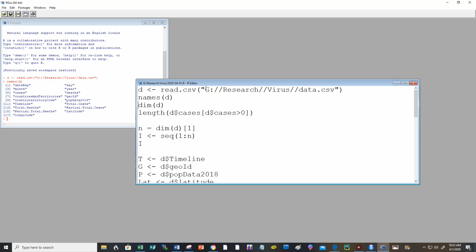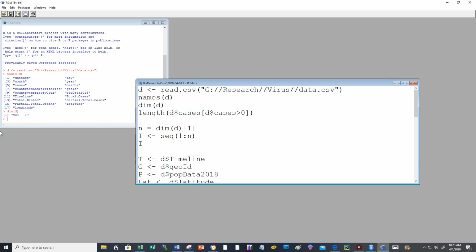So we're going to be able to do a little bit more analysis. But notice I still have the cases, the timeline, the total deaths, and so forth and so on. And so the dimensions of the data just tell me that there's 7,904 rows, which means the sample size, and I have 17 measures.